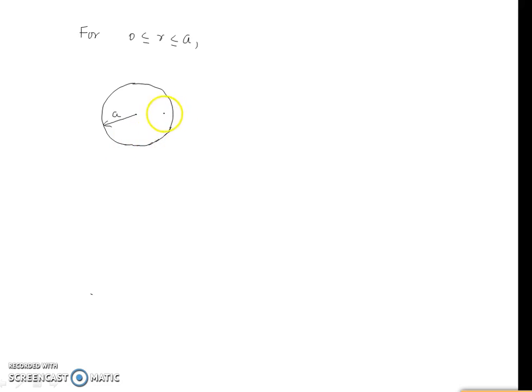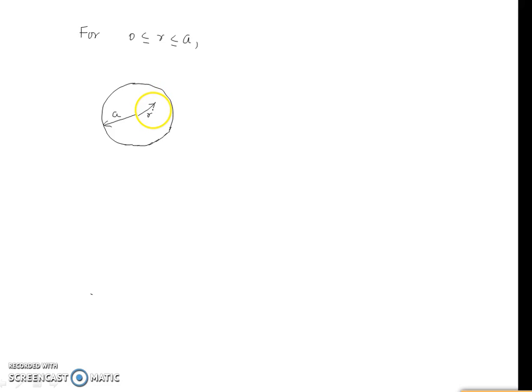To determine the electric field within this spherical surface, that is, let us say we want to find out the electric field at a point which is r from the center. So we now have to select a Gaussian surface.